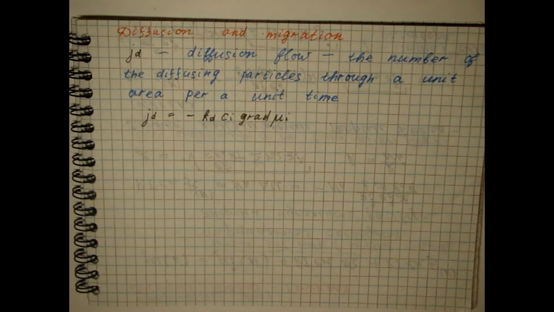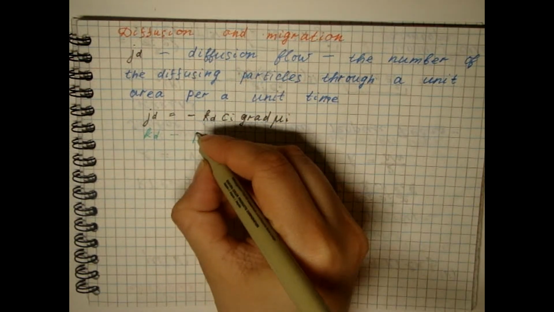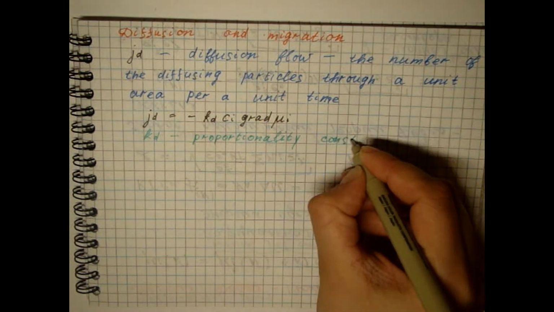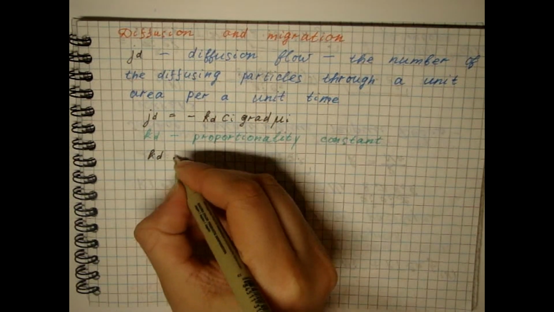A minus sign indicates that particles are moving in the opposite direction to increasing concentration. The proportionality constant can be expressed in terms of the average length of the ion jumps and the activation energy necessary for these jumps.